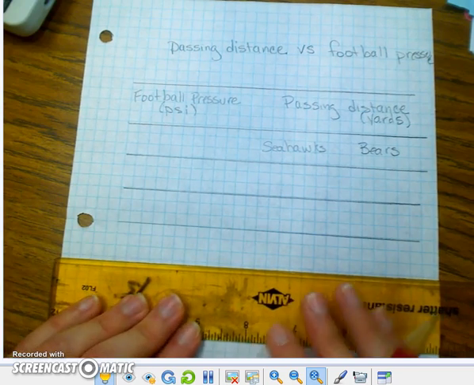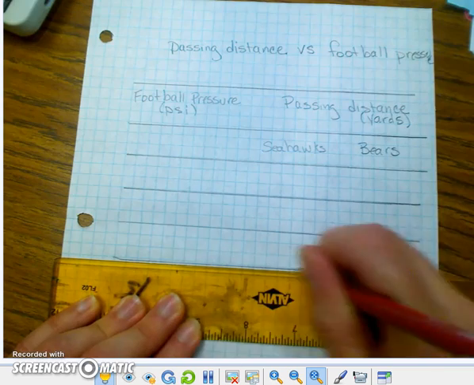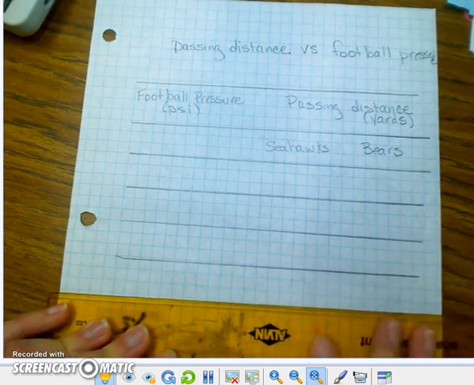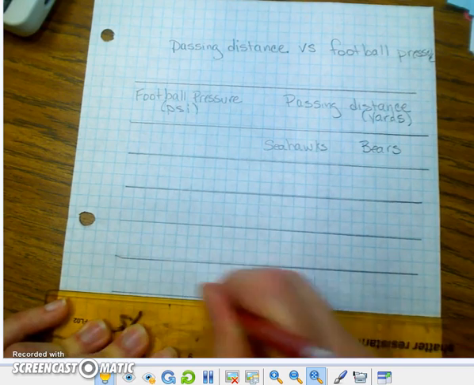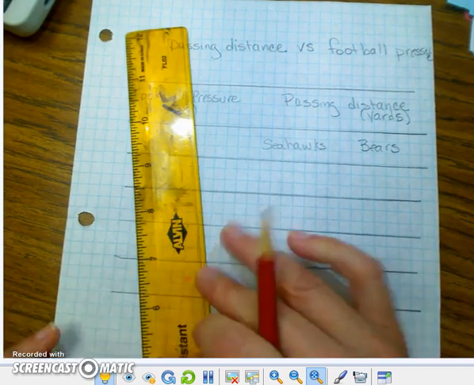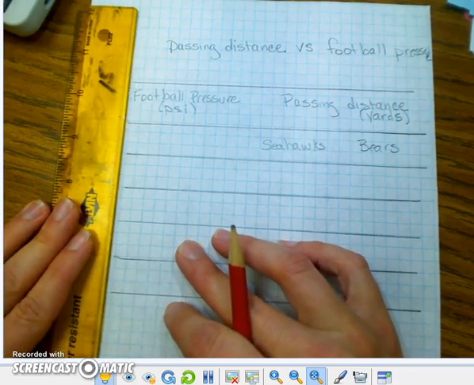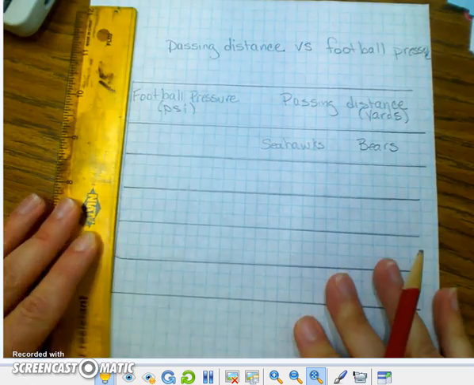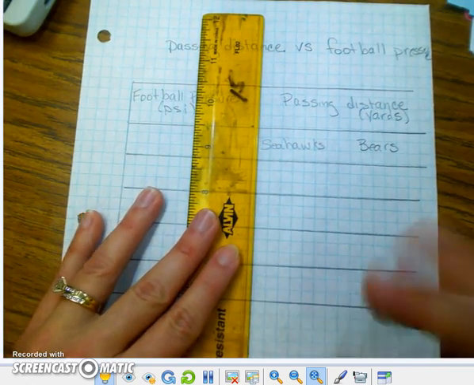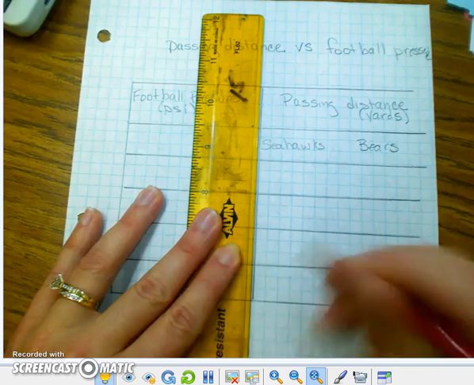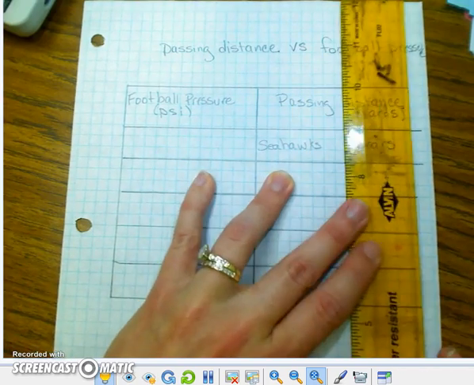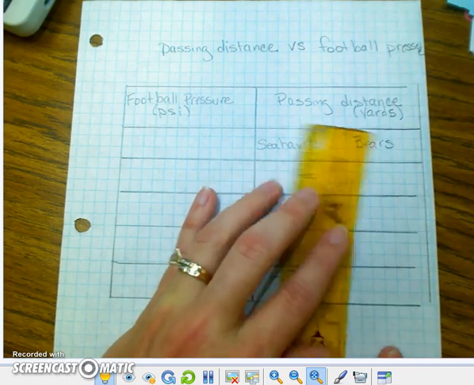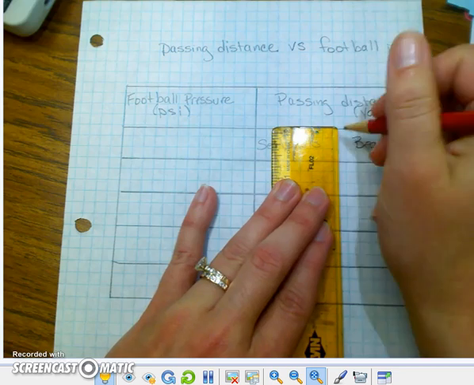Now you notice that I'm kind of counting so that my bars are equal. So I'm going down 3, 1, 2, 3, and then making my line. Okay, and then since it was 2 different games, I'm going to do this also.